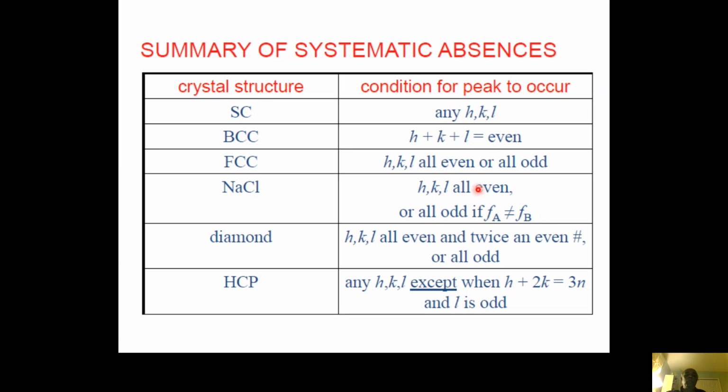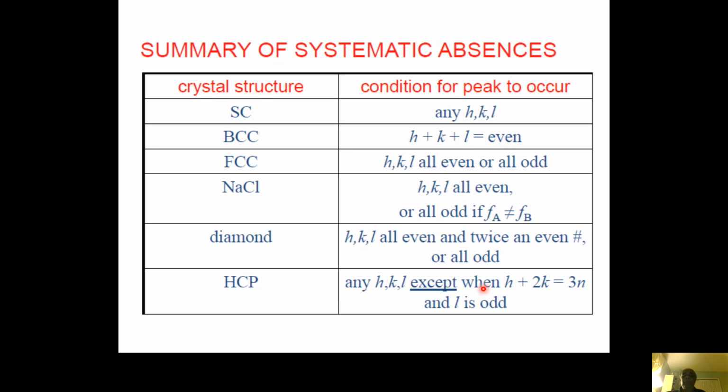We can have all even or all odd, but all odd is smaller, and we have to make sure they are not equal, right? If they are equal, then they cancel each other. Diamond, like I said, the HKL are all even, but it should be twice an even number, like 4n. That means 2 times an even number, or it should be all odd.